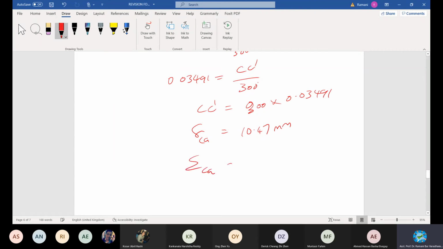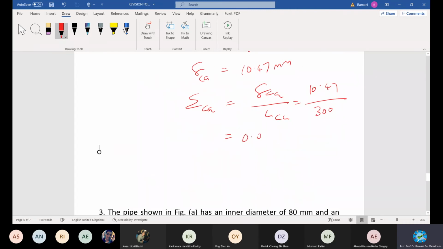Strain is equal to delta CG divided by original CG. Substitute the value: delta CG divided by original. What is the original CG? 300. Can you find the answer? 0.0349, also the same, a little bit of variation only.